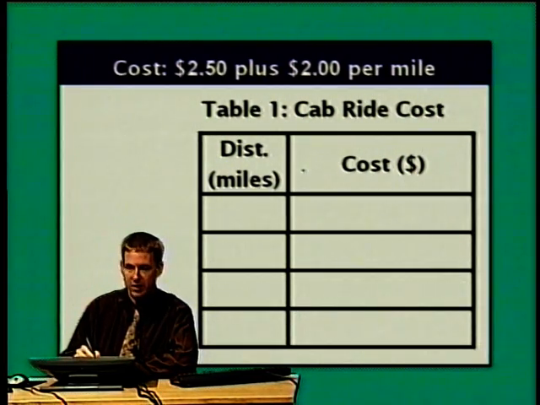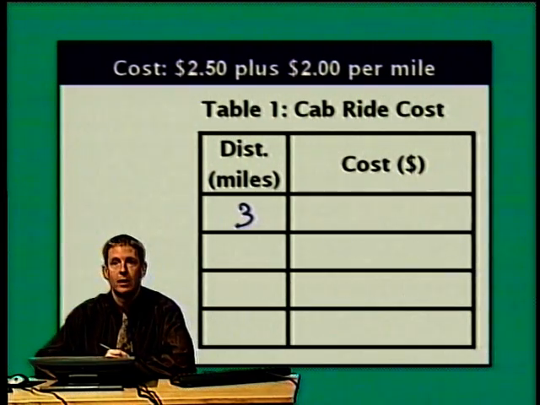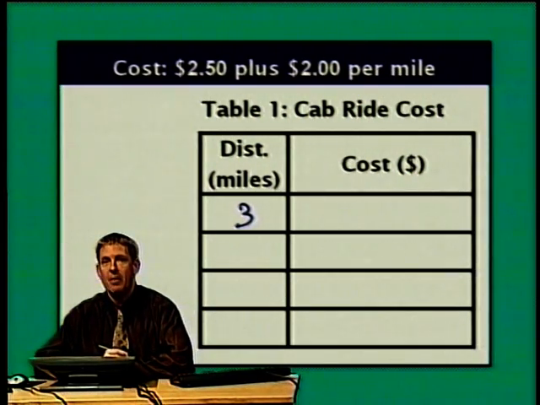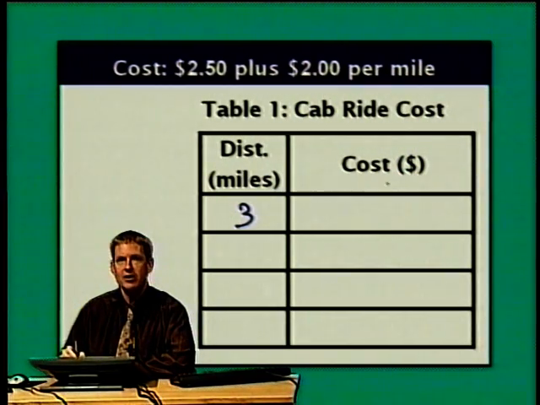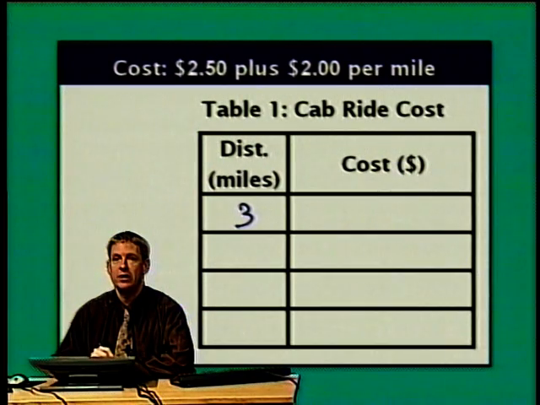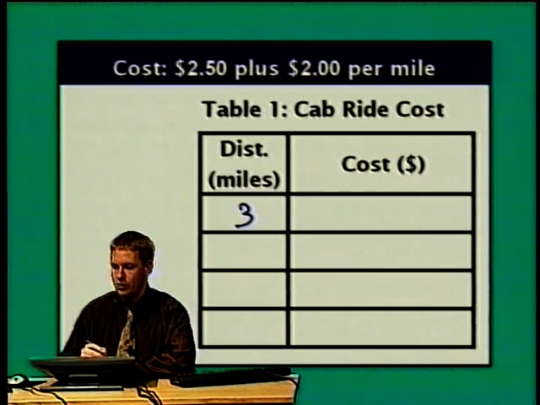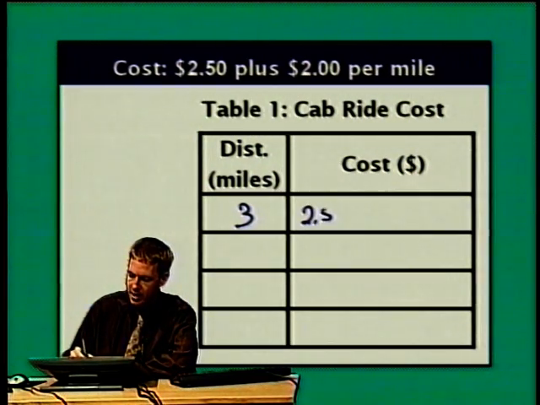So the first number it asked us to use for distance was 3 miles. The cost of the cab ride if we go 3 miles is going to be $2.50 plus our $2 per mile charged for 3 miles. Since my cost column already says that I'm measuring cost in terms of dollars, I don't need to write any sort of unit down, and I can communicate $2.50 with the simple number 2.5.